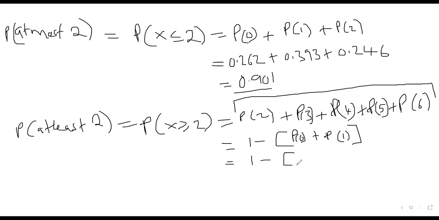The probability of 0 is 0.262. The probability of 1 is 0.393. So these two will give us a sum of 0.655.